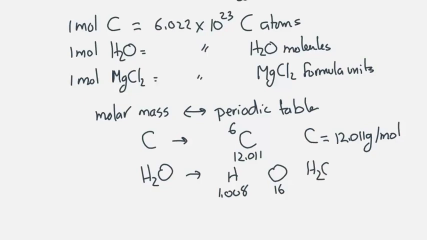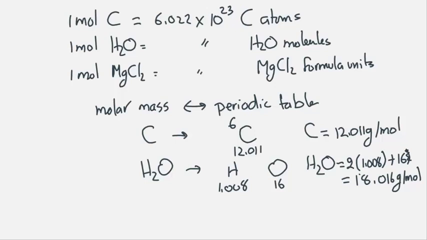Since we have two hydrogen, we write 2 times 1.008 plus 16, and you will get 18.016 gram per mole. We always write gram per mole as a unit because it's the gram per 1 mole of matter.